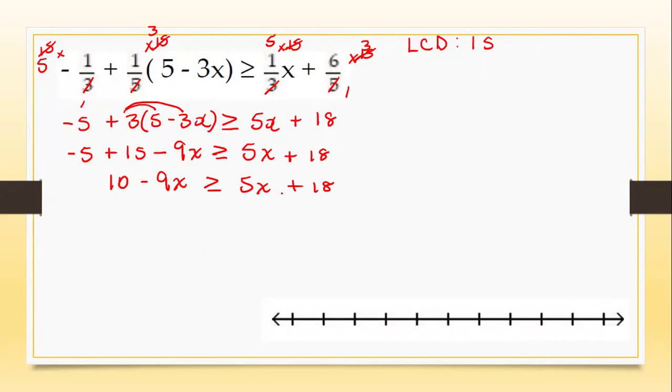Keeping all my variables on one side, constants on the other, I have 10 subtract 18, which is greater than or equal to 5x plus 9x. 10 subtract 18 is equal to negative 8, which is greater than or equal to 5x plus 9x, which is going to give me 14x.